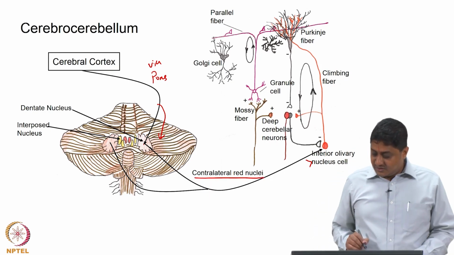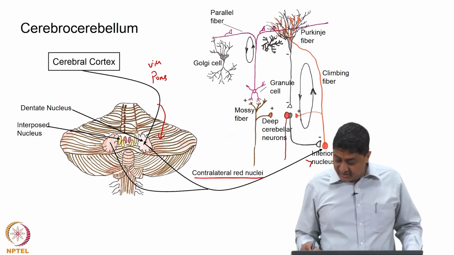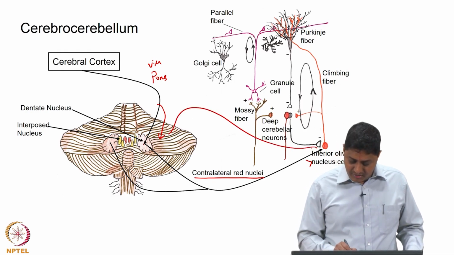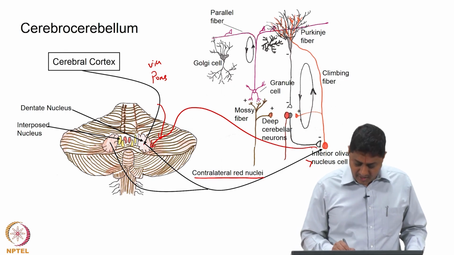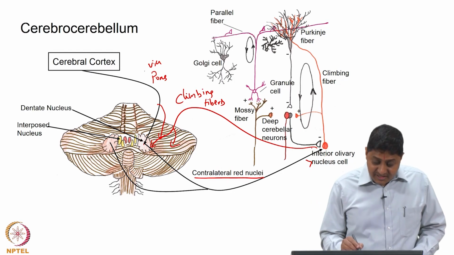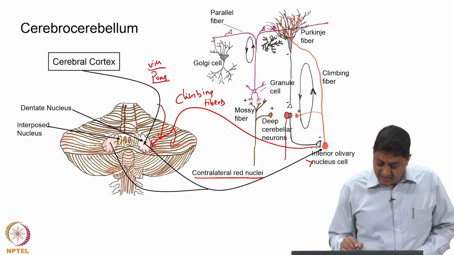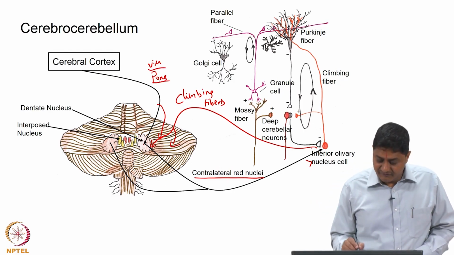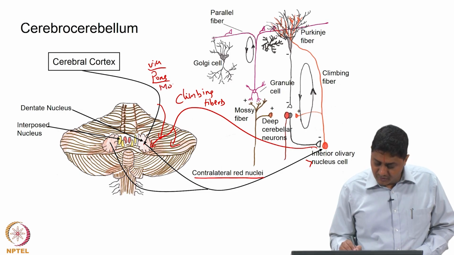Then these inferior olive neurons send information back to the deep nucleus and to the cortex as climbing fibers, whereas the fibers that originate from the pons are, of course, mossy fibers.